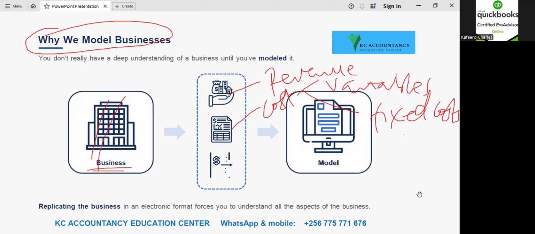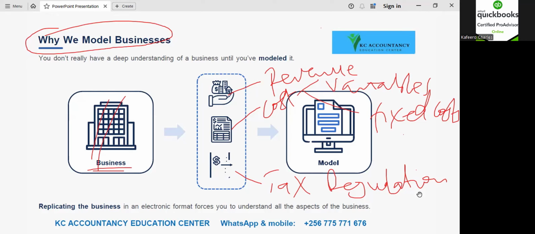The other thing that we also need to put into consideration is that we need to understand the tax. In other words, we need to understand the tax regime or the tax regulation, so that if the company is going to have current taxes or will it be able to defer some of its taxes into the future?